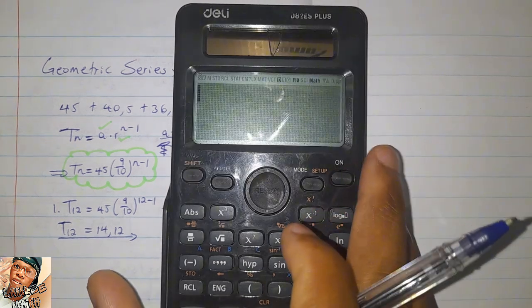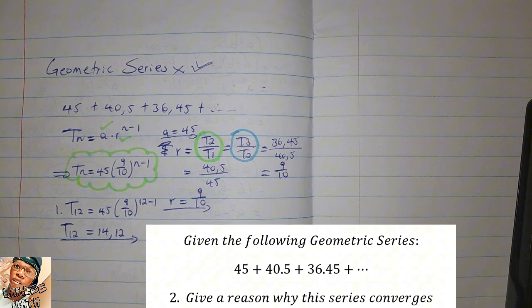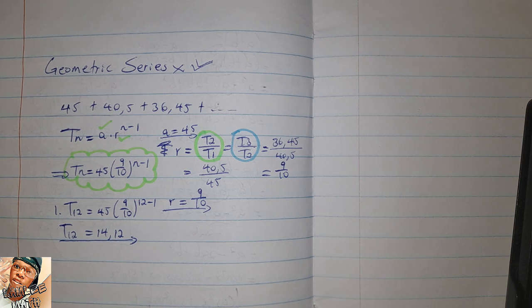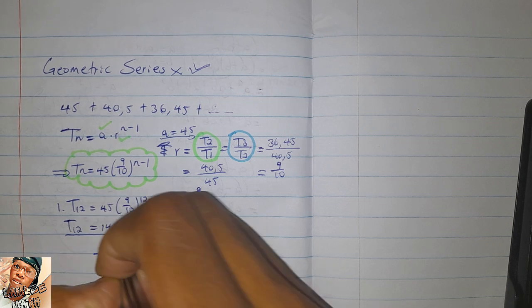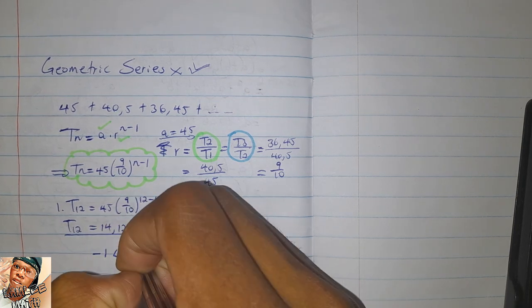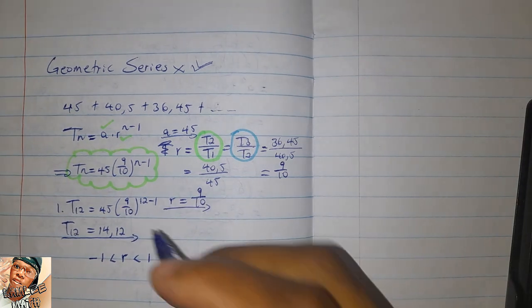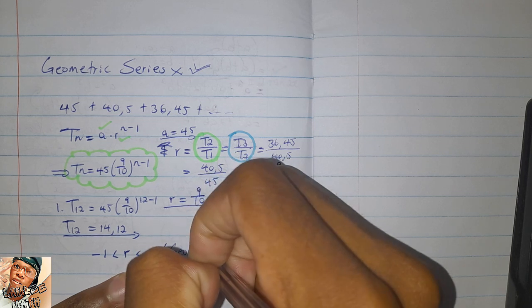Yes. So the next question, question 2, says, give a reason why this series converges. When you're dealing with a geometric series, every time they ask you to prove that a series converges, or they ask you for a reason why the series converges, you're always going to state the same reason. The reason is that the R value is greater than -1 and less than 1. This is the condition where a geometric series converges.